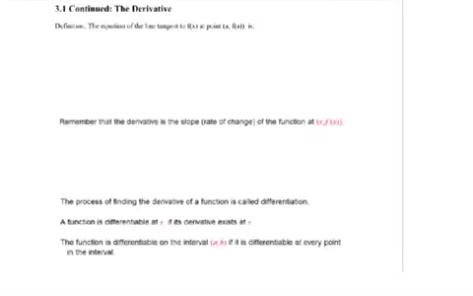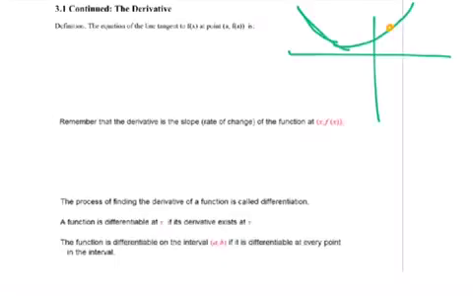So if I want to know the equation for the tangent line then, if I think of a graph, let's just say it looks something like this, and I pick a point on the graph with the tangent line. If I want an equation for this line, I need a point and a slope. So we'll say f of a is our y value, a is our x value.